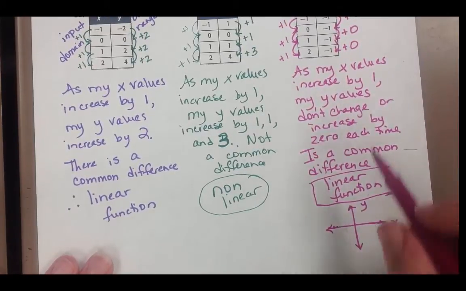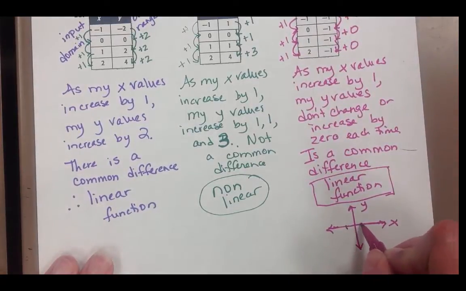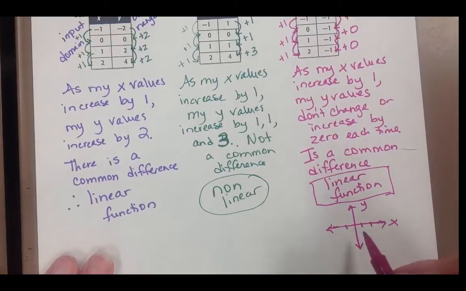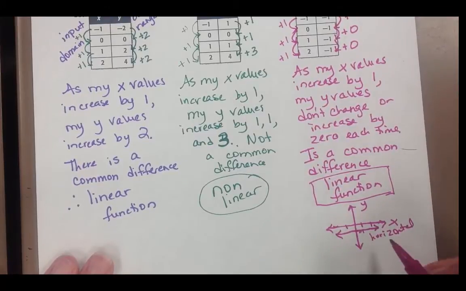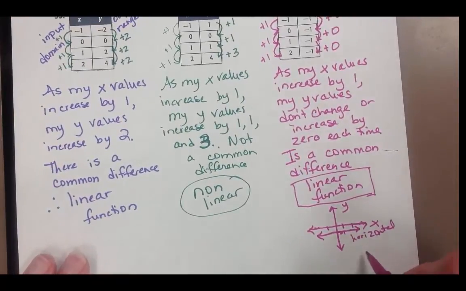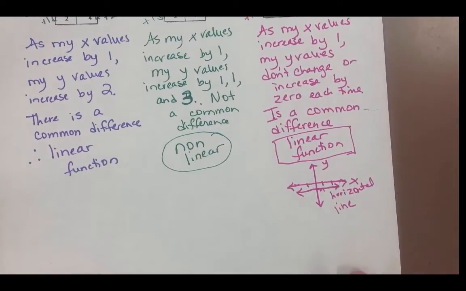This means that for all these different x values, -1, 0, 1, 2, that each time I would be getting out a -1. So that means I'm going to have a horizontal line, slope of 0, a horizontal line that's produced in this linear function.